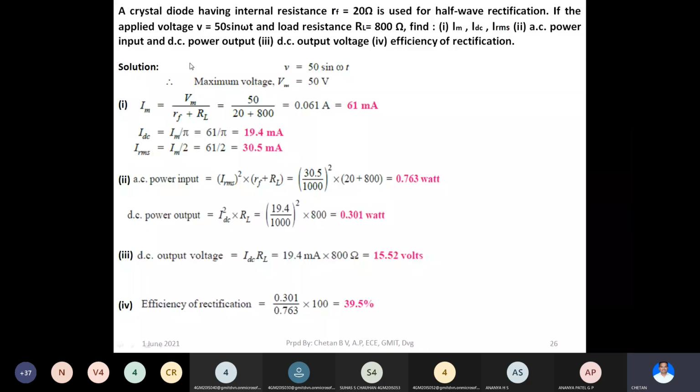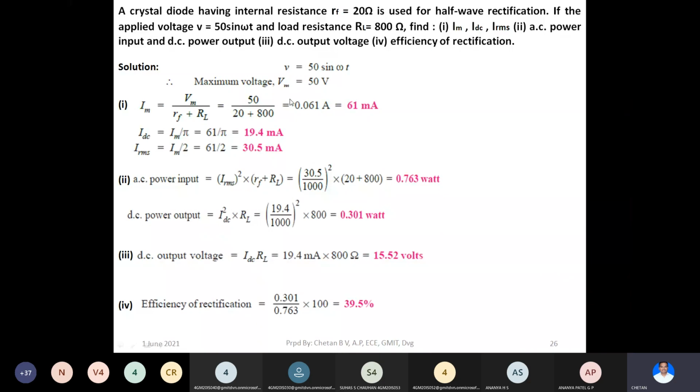If the applied voltage V is 50 sin omega t and the load resistance RL is equal to 100 ohm, find the first thing, IM, the peak value of current, then IDC, the average value of current, and IRMS, the RMS value of the current. Second, you have to find out AC power input and DC power output. The third thing is DC output voltage, VDC. Then you have to find out efficiency of rectification.